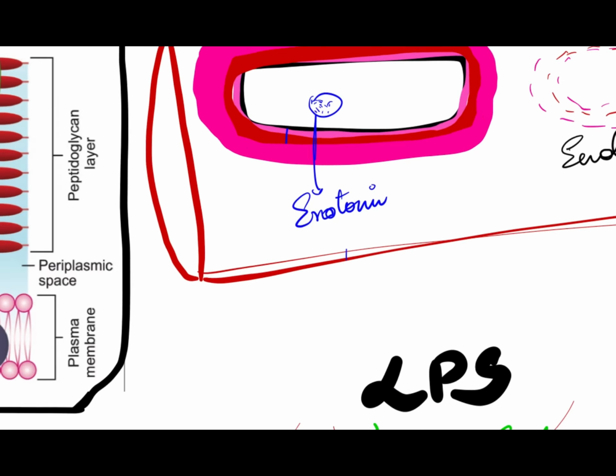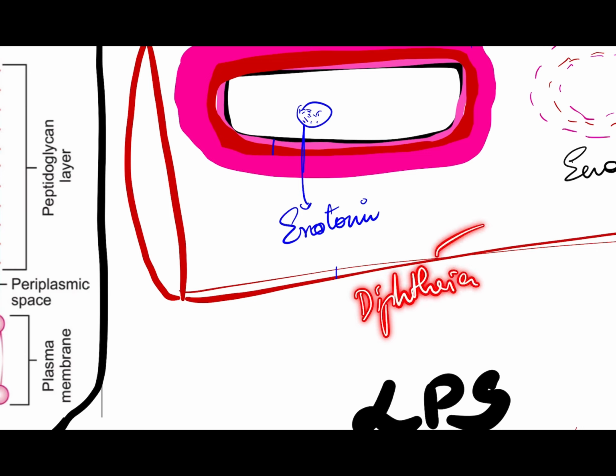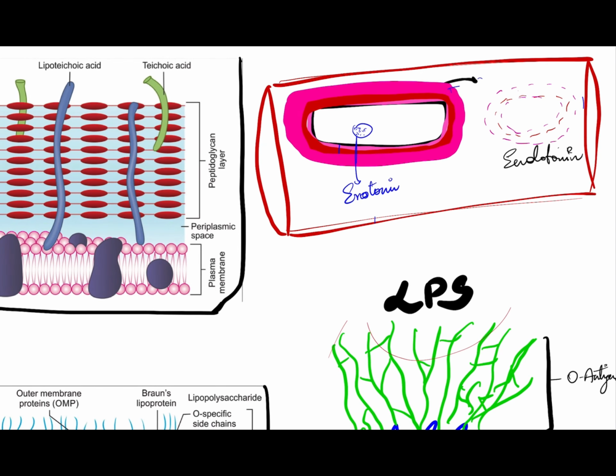What do I mean by that? Take for example tetanus toxin. Tetanus toxin is an exotoxin which affects the CNS, right? That is tissue specific. And if you take an example of diphtheria toxin, it is also an exotoxin specific to the respiratory system, right? Likewise, exotoxins are tissue specific, whereas endotoxins are not.